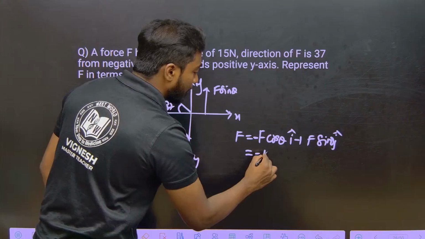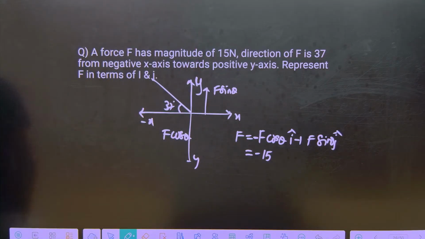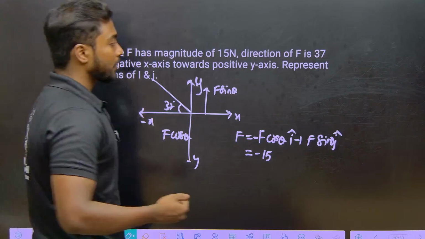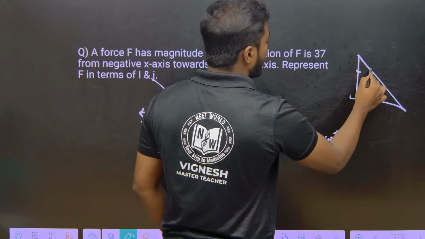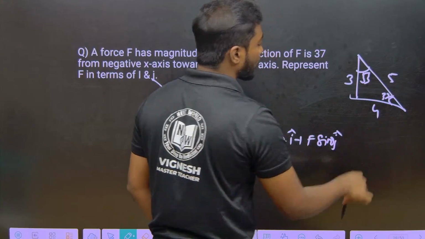So F is nothing but 15 cos 37. 3, 4, 5 triangle. So this is my triangle: 53, 37, 5, 3, 4.